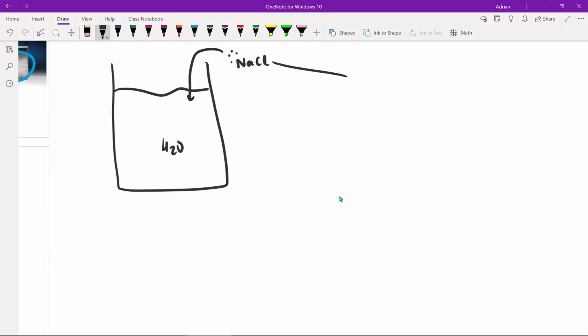Now, if I were to zoom in on my NaCl, we know that it's a solid, and it's going to be made up of Na+ and Cl- that are packed really close to each other, right? That's what makes it a solid. That's the crystalline lattice, a repeating pattern of positive and negative all the way throughout.